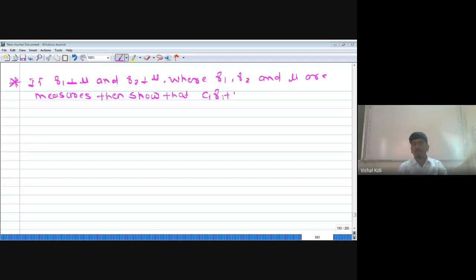That is, C1 gamma 1 plus C2 gamma 2 is mutually singular with mu.